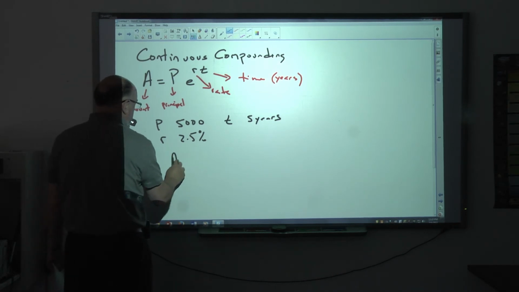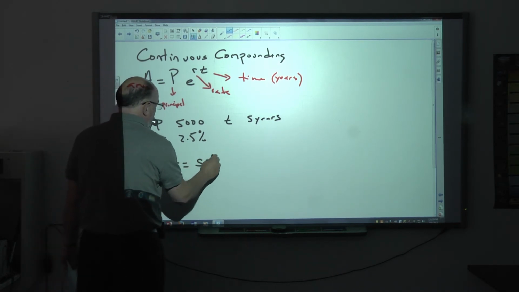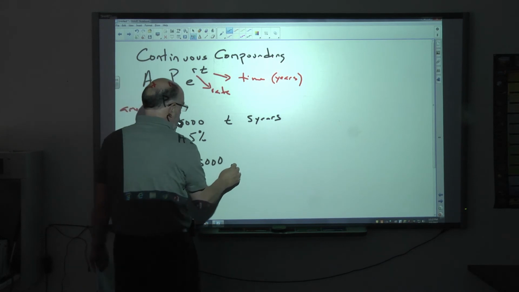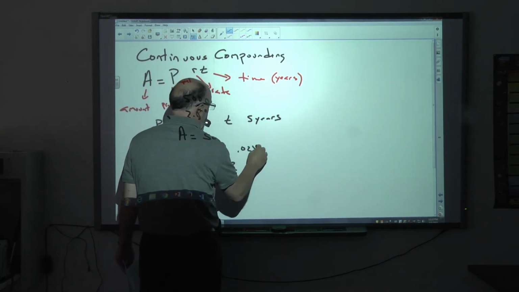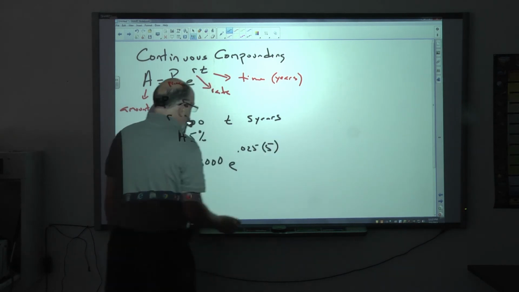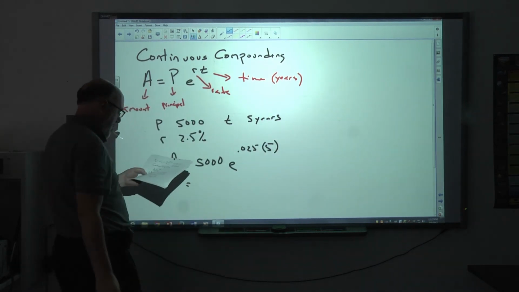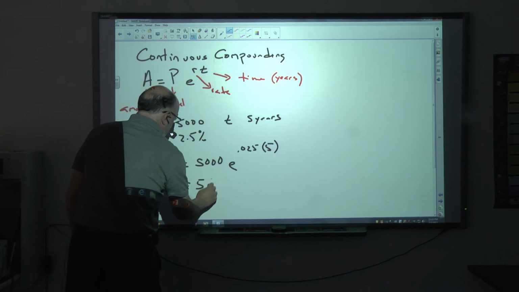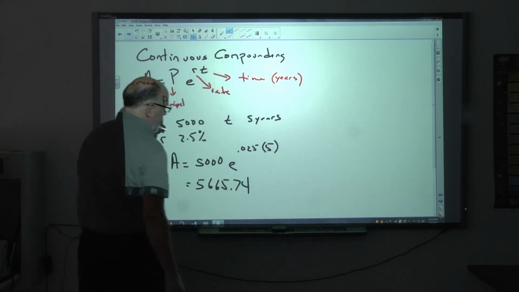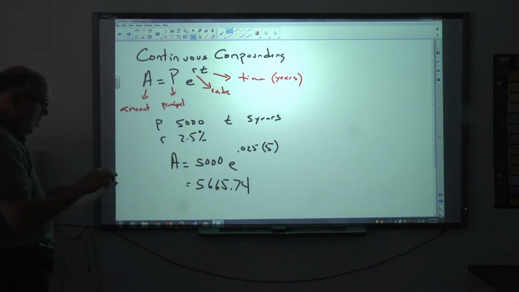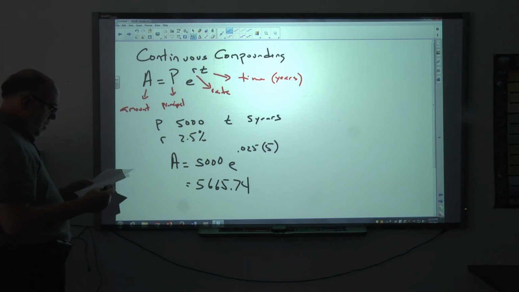And so A would be 5,000 e to the 0.025 times 5, and you find out now you would have $5,665.74, given that we do continuous compounding, right?